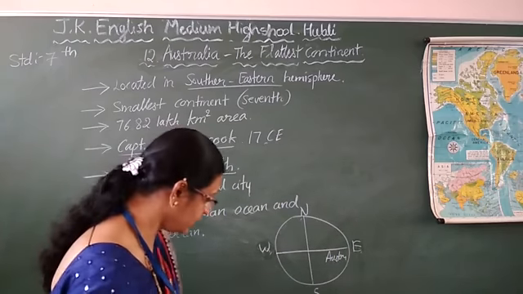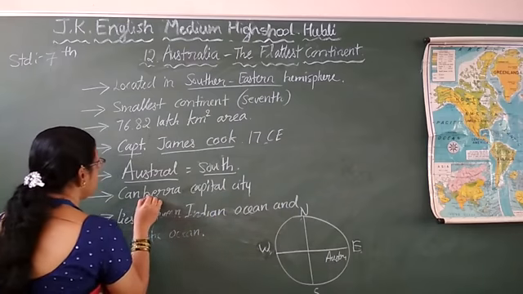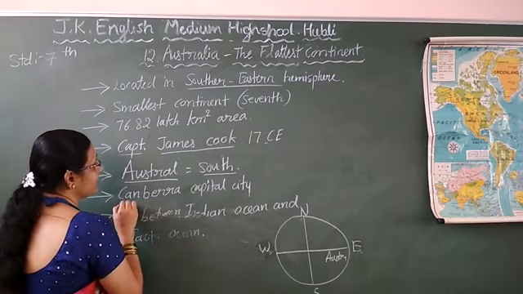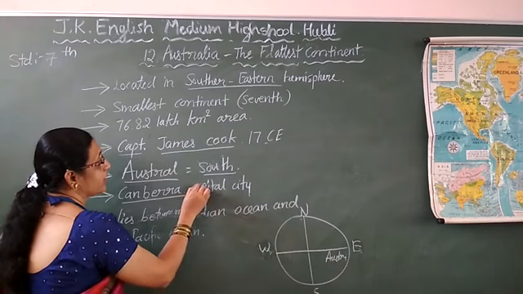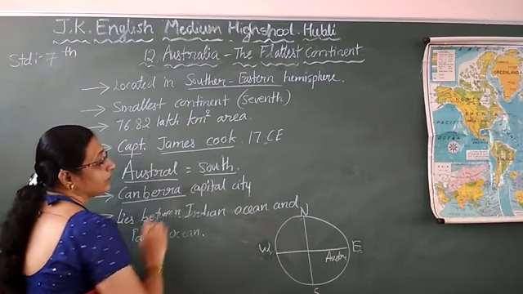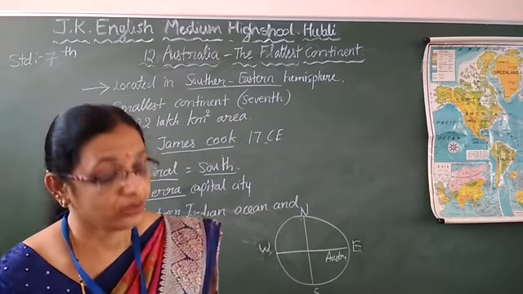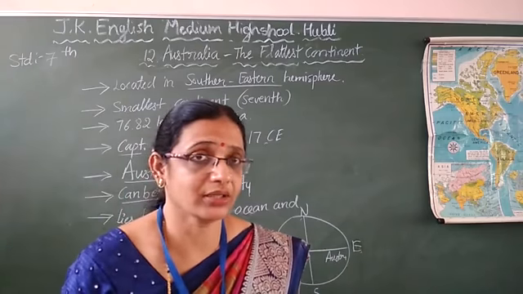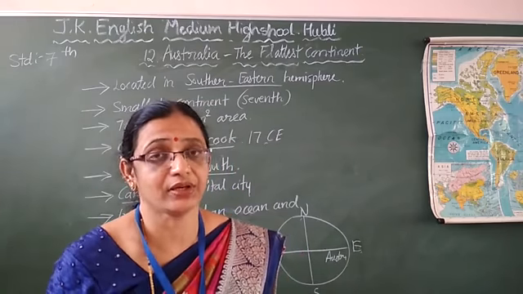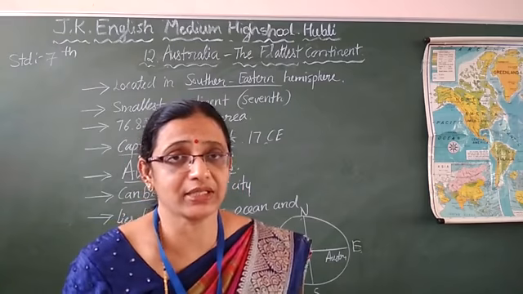Followed children? Yes. Then Canberra is the capital city of Australia. So now, location: it is in the southern hemisphere. The Tropic of Capricorn is passing there.